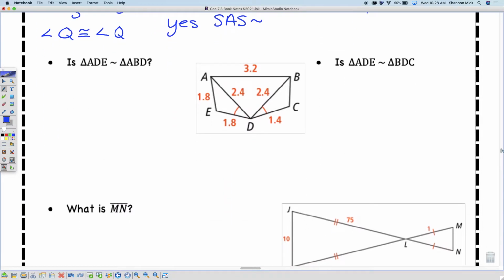Okay, now we're going to use this picture for 2 things. So, is triangle ABE similar to ABD? Well, they have an angle. Okay, so we're looking at the 2 sides. We're looking at this one and this one, right?